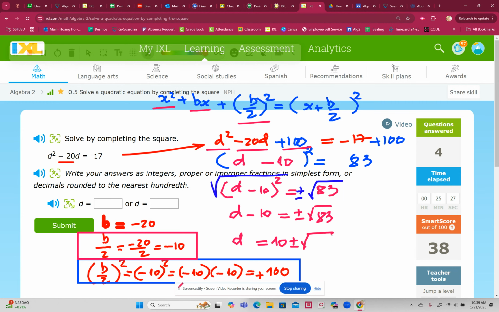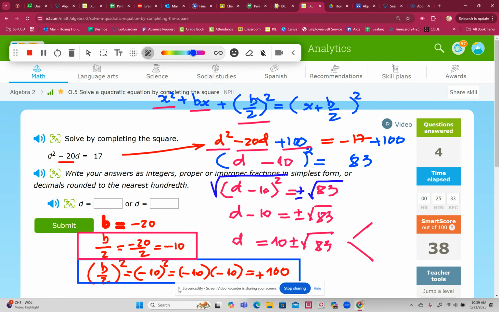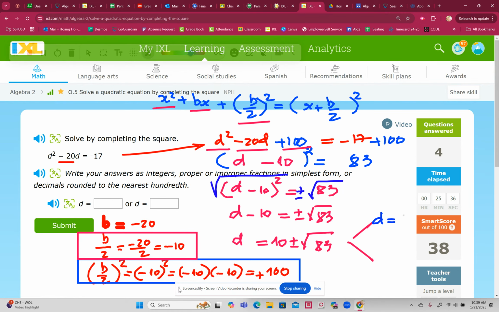So two answers, one with the plus, one with the minus. If you want to write down, you can. d equals 10 plus square root of 83, and d equals 10 subtract square root of 83. Now you punch this in your calculator. That's it, you guys.